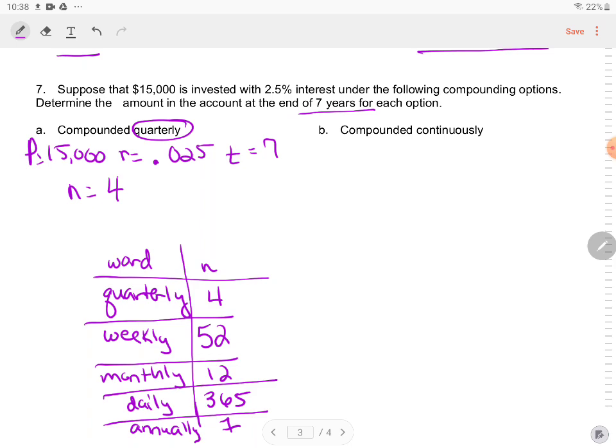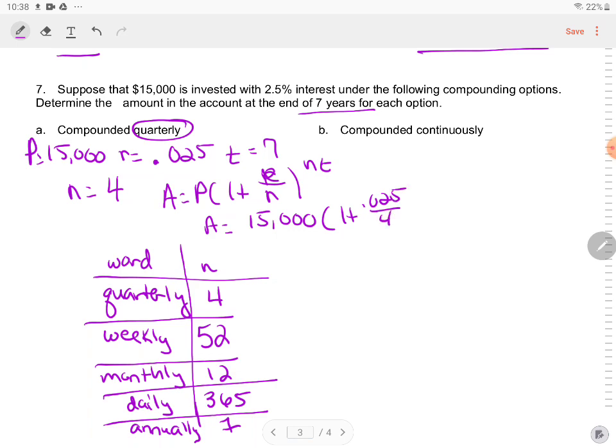And our formula is A equals P times 1 plus R over N to the NT. So I think what I'm going to do is capitalize my R so it looks a little cleaner. So A is equal to 15,000 times 1 plus 0.025 divided by 4 to the 4 times 7.